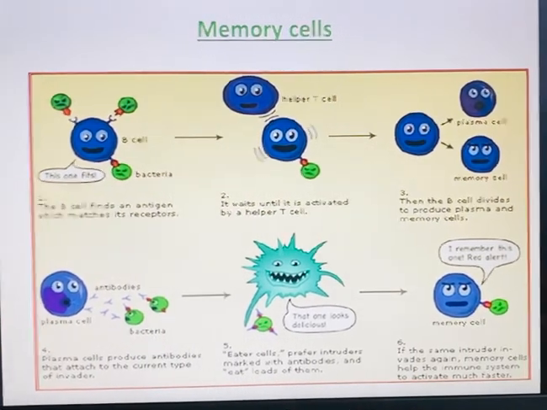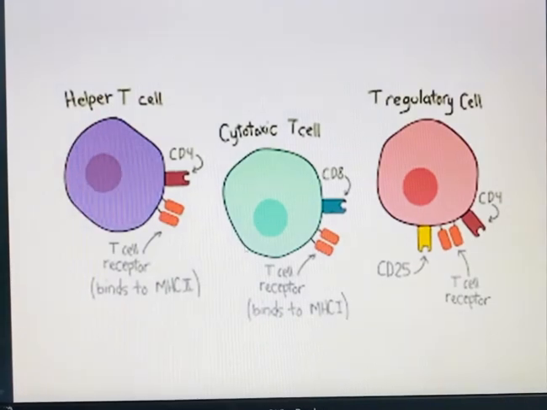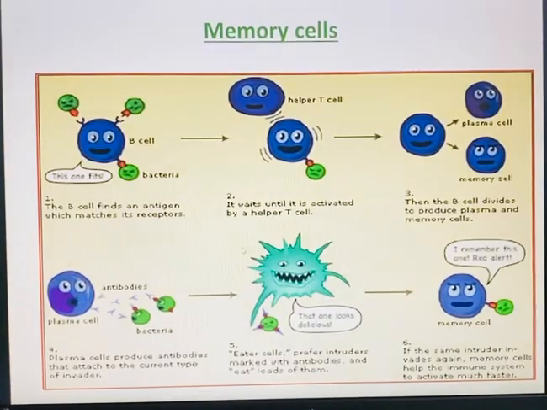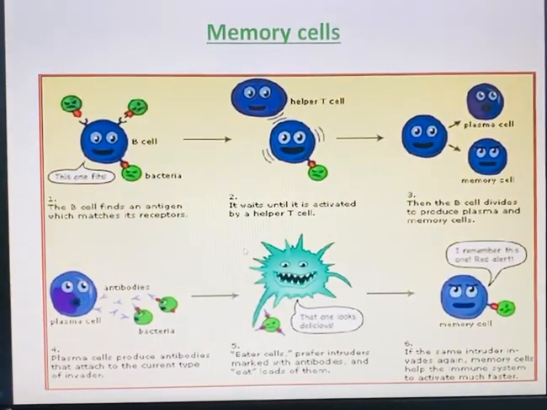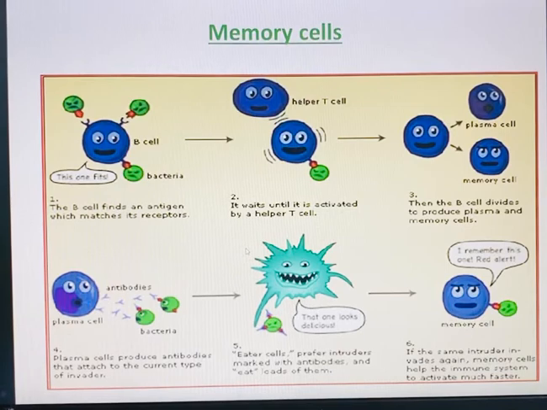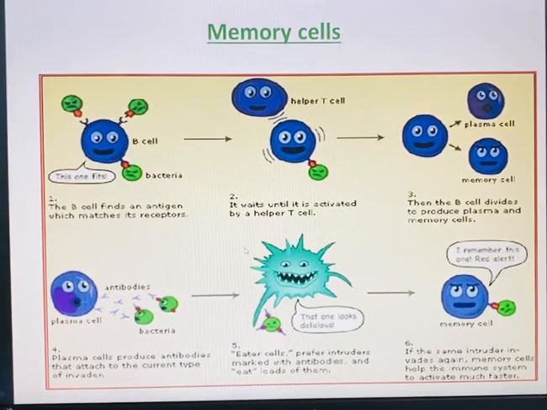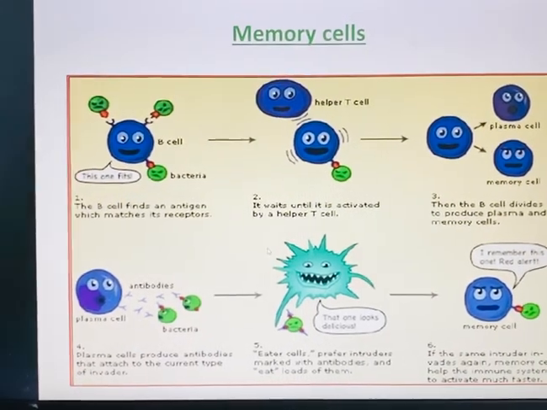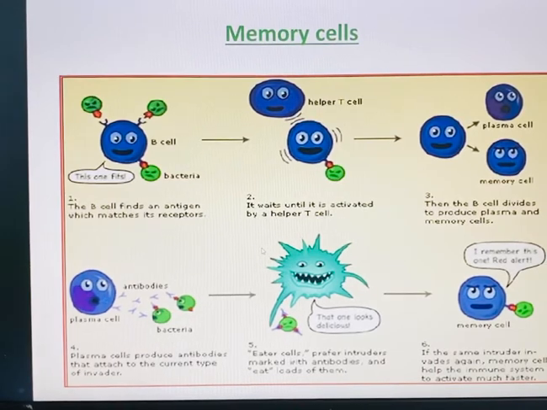These memory cells reside in your body according to their longevity, of course, maybe extended up to a lifetime. These memory cells help to kill the germs or inactivate the antigens without letting us know. For example, pox.